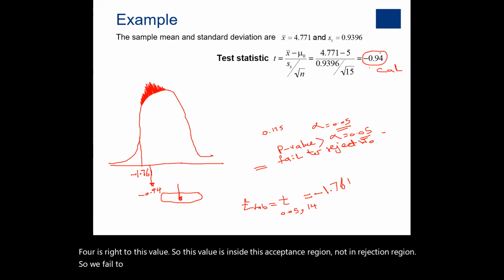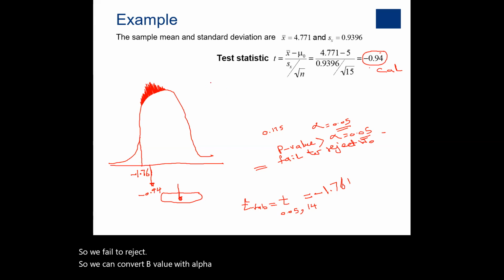So we can compare the p value with alpha. If the p value is less than alpha, reject H naught.